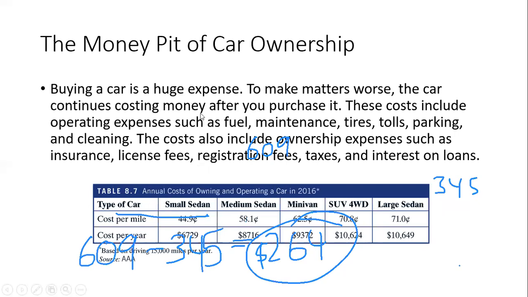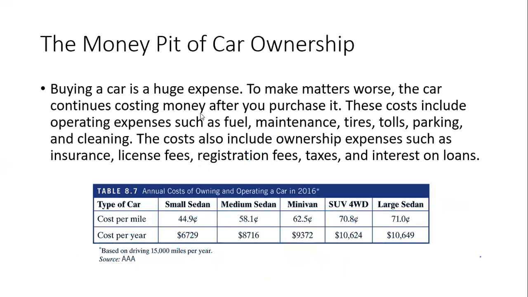A few different things that we could talk about with cars. One thing is the insurance that you'll need to have on the car. You're going to have maintenance. So if you break down, you're going to have repairs.